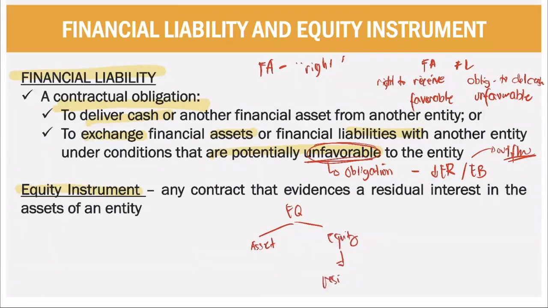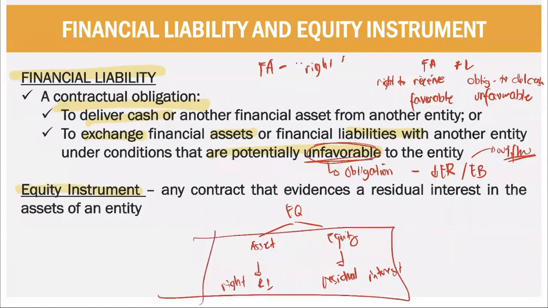This is your residual interest. Therefore, when we talk about your asset, this gives you the right over the residual interest. So this particular instrument is called a contract, which evidences your right over the residual interest of an entity.